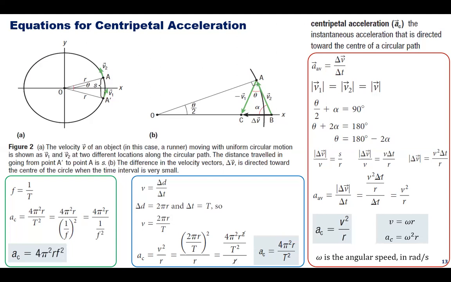This is true for all the runner's velocity vectors along the circular path. The acceleration vector has the same direction as delta v, so it follows that the centripetal acceleration of an object must always point towards the center of the circular path.